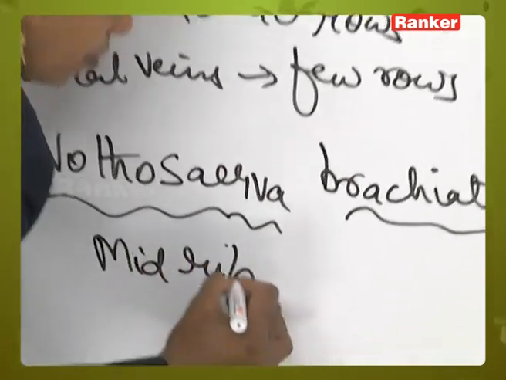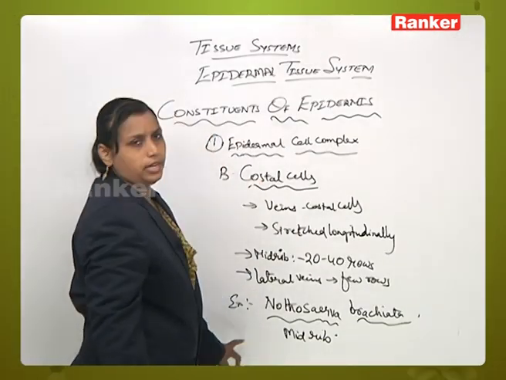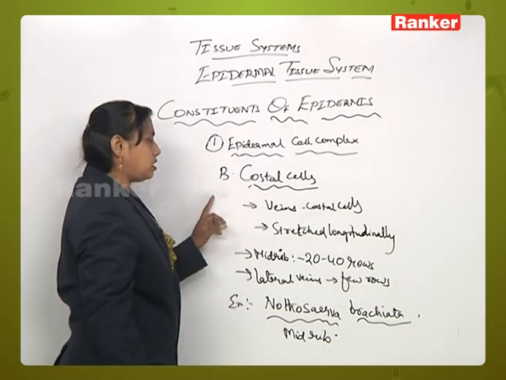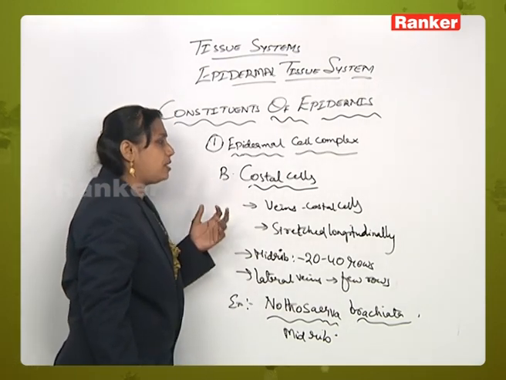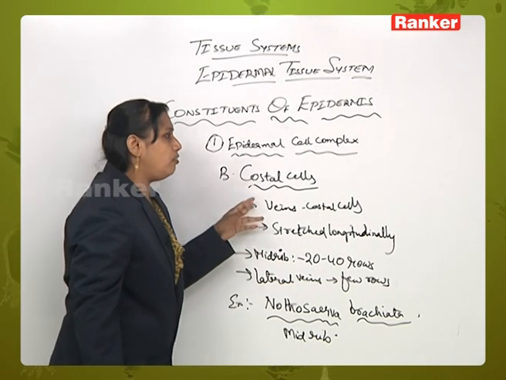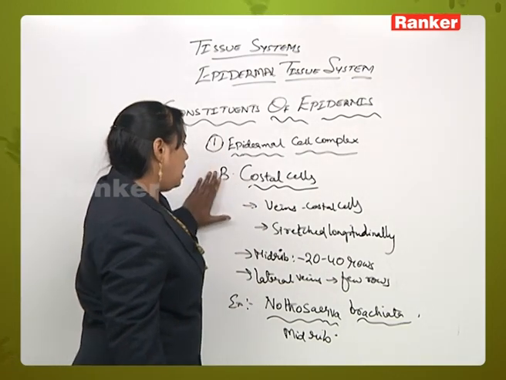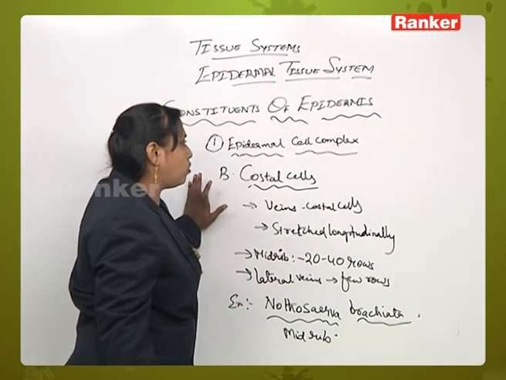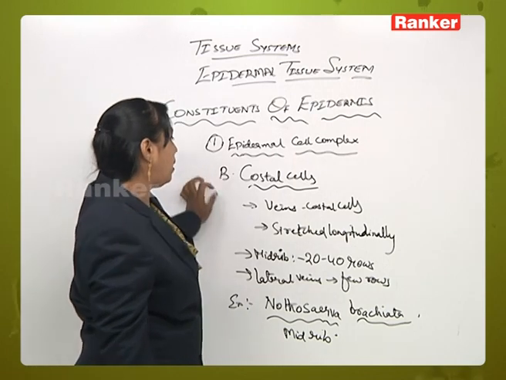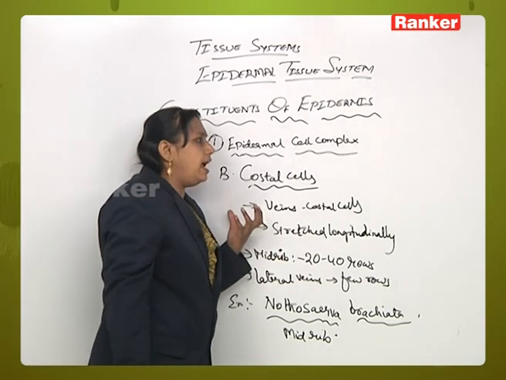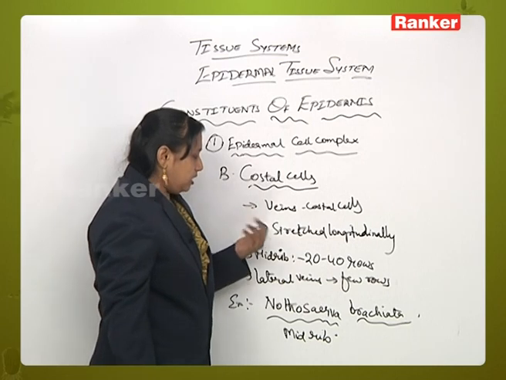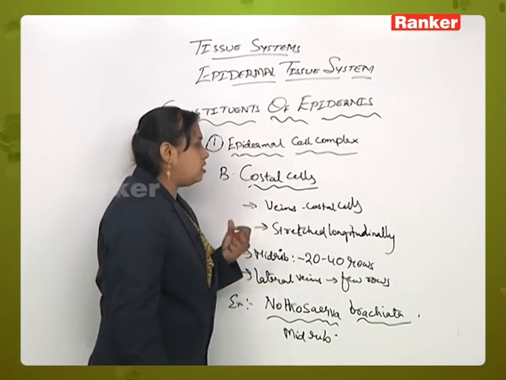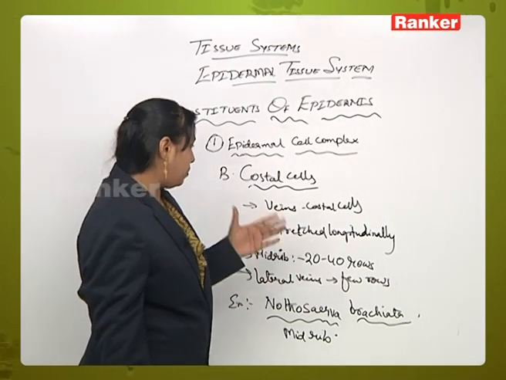You will see costal cells only in the midrib. Okay, this is about costal cells. Costal cells are the cells present on the veins. They occur in the form of rows. They are arranged laterally or parallel to the longitudinal axis, and they are stretched longitudinally. They differ from the epidermal cells.